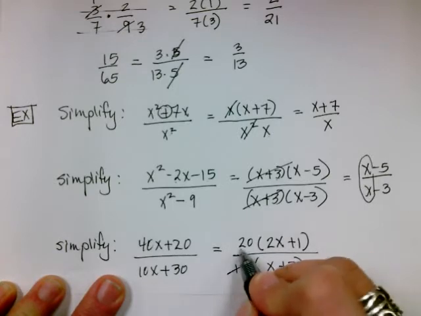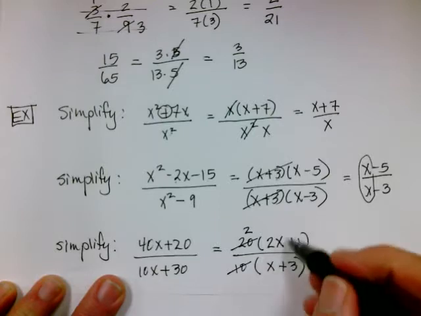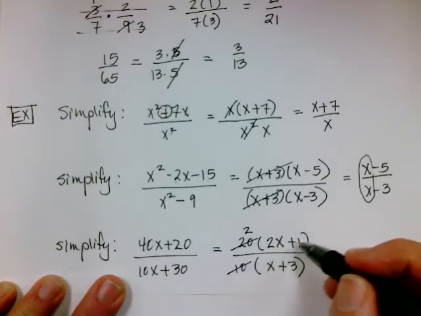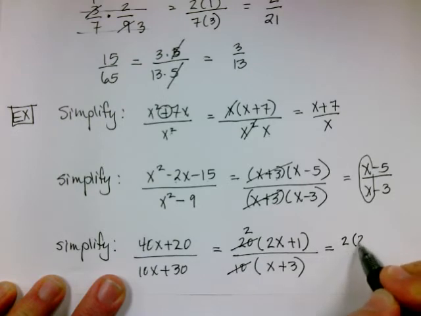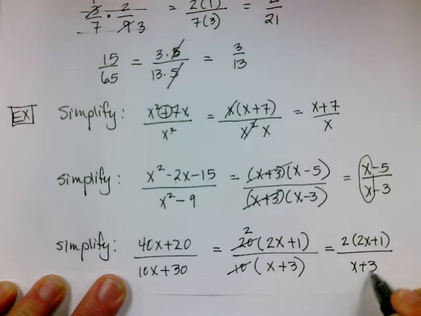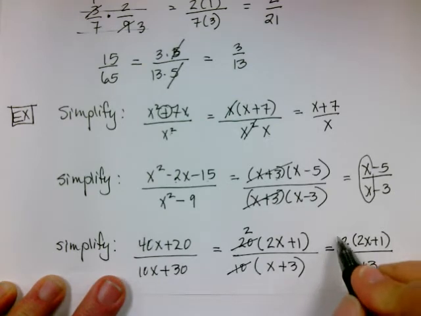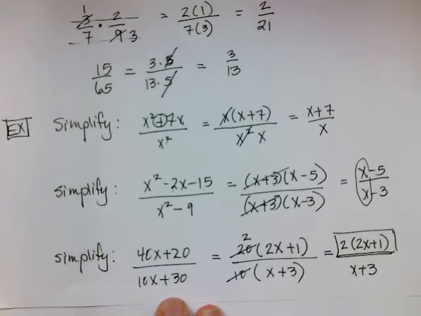Well, 10 will go into 20 2 times. I can't subtract or reduce this because I have pluses in the middle again. So then I'm going to have 2 times 2x plus 1 divided by x plus 3. We always re-expand the top, so I would distribute. We almost never do in the denominator.